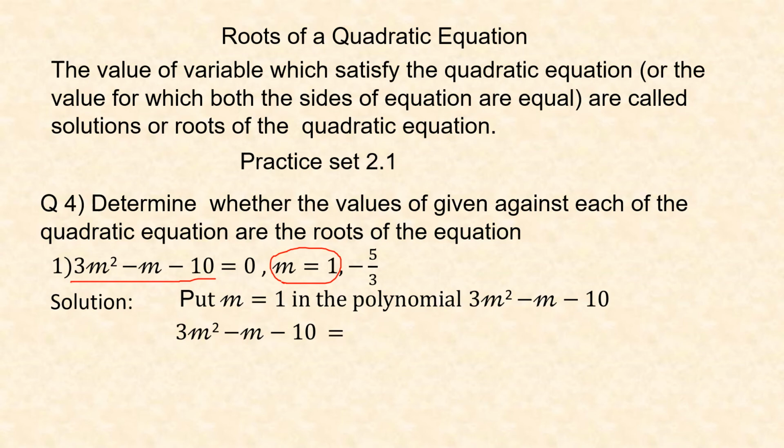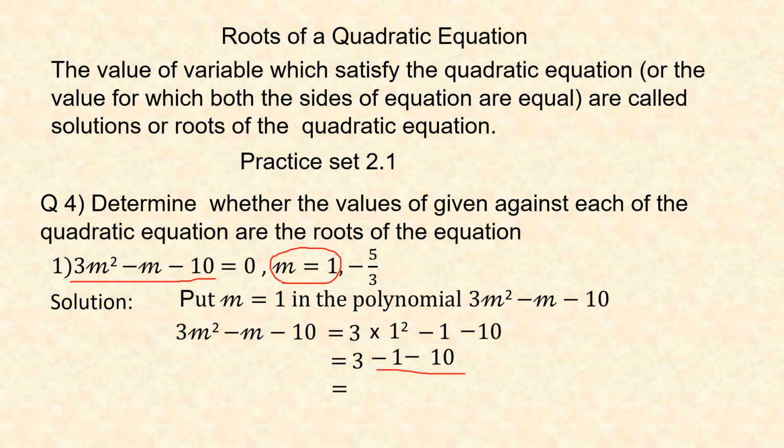is equal to 3. What is the value of m? 1, means 3 into 1 square minus 1 minus 10 is equal to 3 into 1 square, that is 1, 3 into 1 is 3, minus 1 minus 10 is equal to 3 minus 1 minus 10, that becomes minus 11.